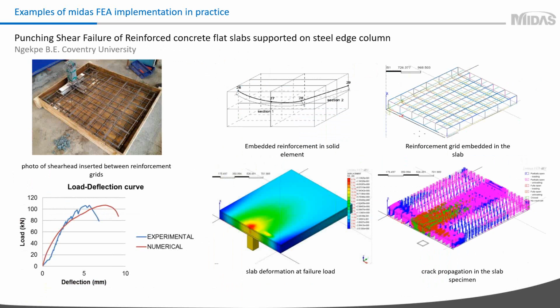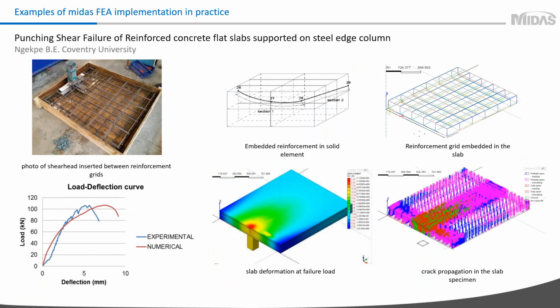This is a research project as well, with investigation of punching shear failure at an edge supported slab. With Midas FEA, the user made many comparisons between finite element models. He considered a shell model, he considered a 3D model.